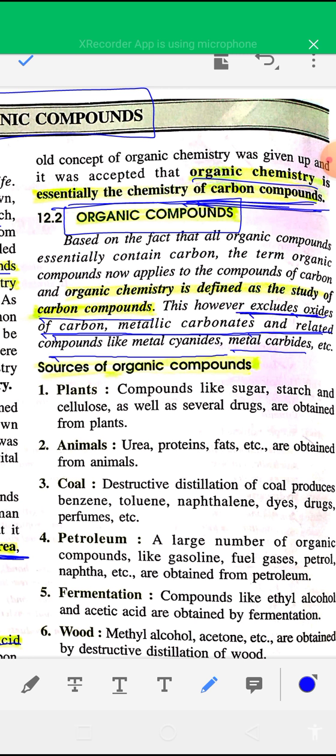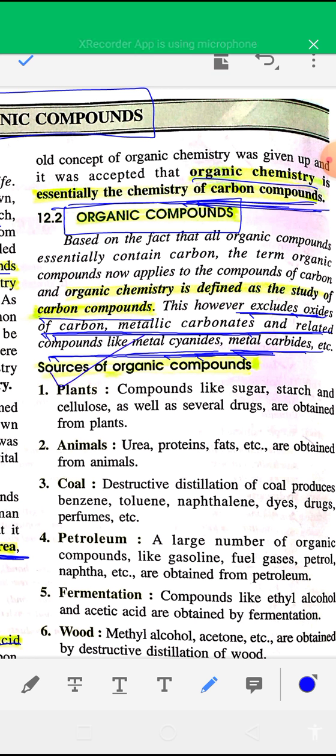Except these, all other carbon-containing compounds are organic compounds.